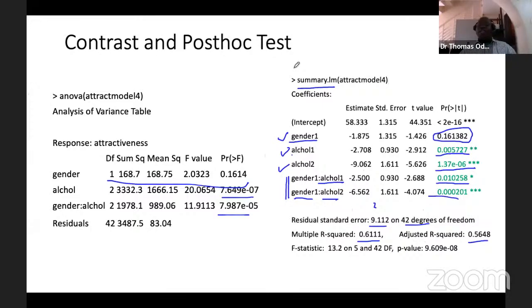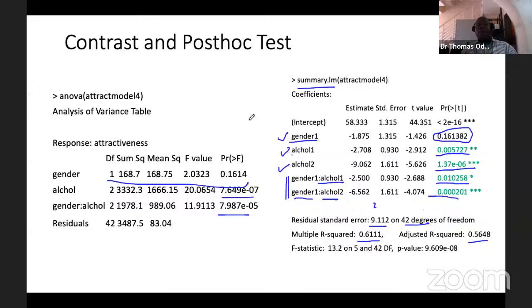But in this case, your comparison is very clear. You want to compare alcohol versus no alcohol, some alcohol versus that, male versus female. They do the same work, but they give different amounts of information. You get a totally different in-depth amount of information.